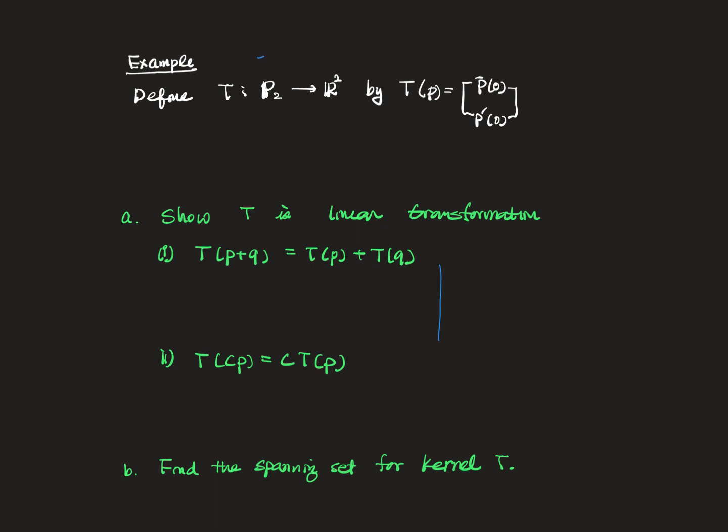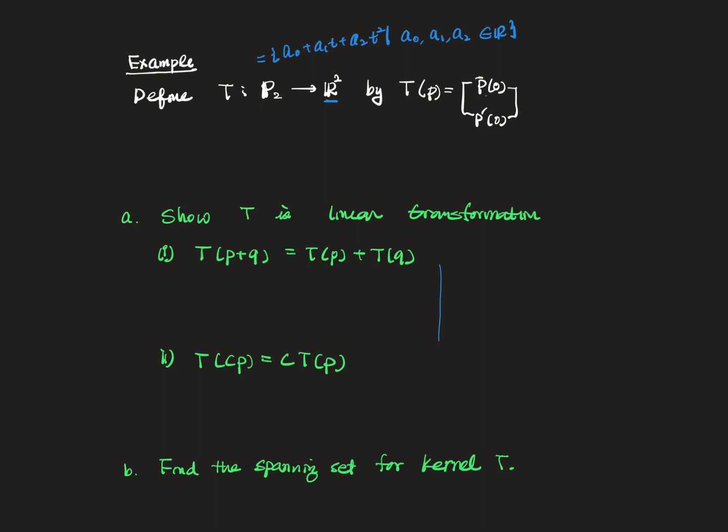I'm going to write down here: a0 plus a1 t plus a2 t squared, where a0, a1, a2 are real numbers. That's P2, the quadratic polynomials. You know R2, whose entries are 2 in the vector space. We define the transformation this way: T of P is P of 0 and P prime of 0.